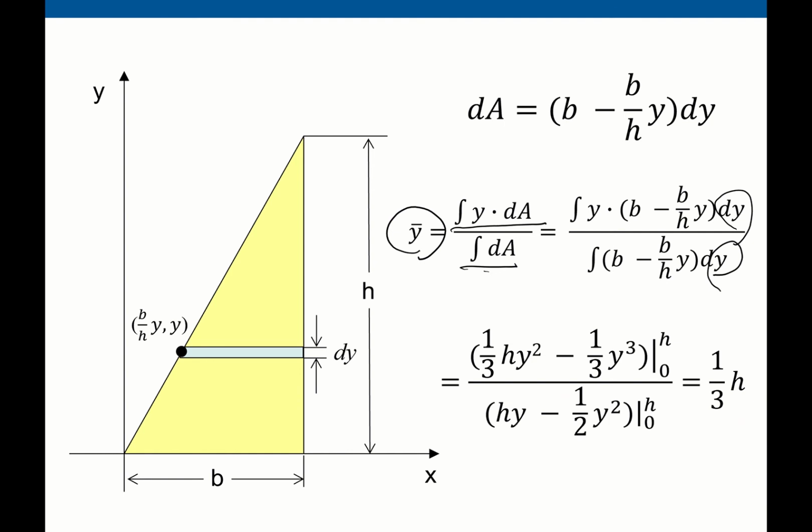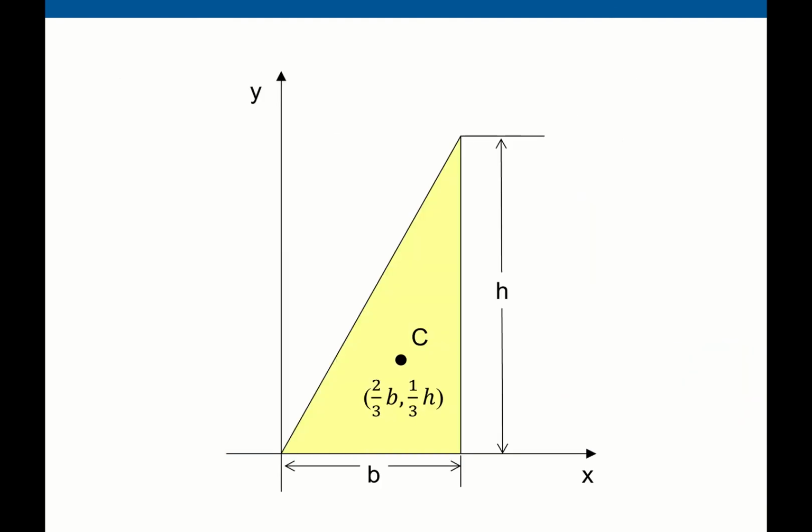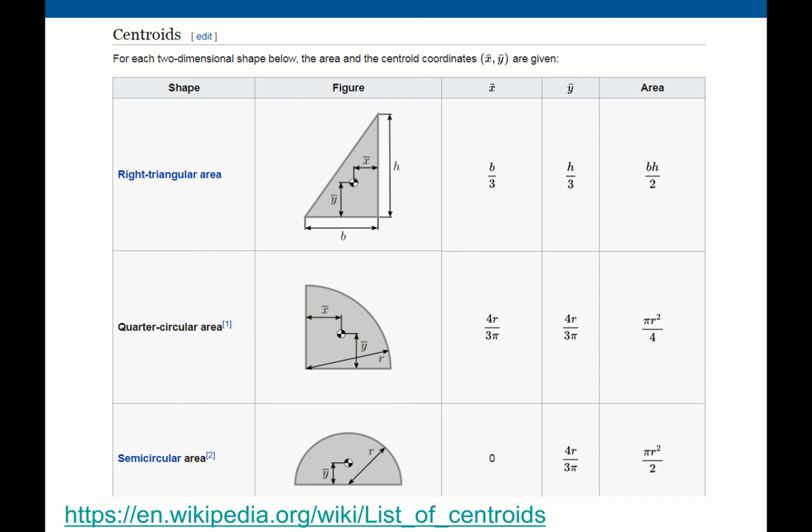Then you can find that y bar is equal to 1 over 3 h. So this is the answer, the center of area of this triangle. You can find centroid information by simply searching Google. For example, for a half circle, where the x bar is, where the y bar is, and what the equation of the area is.